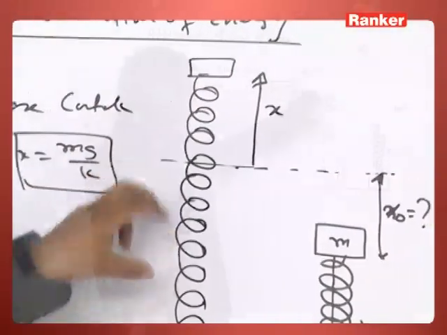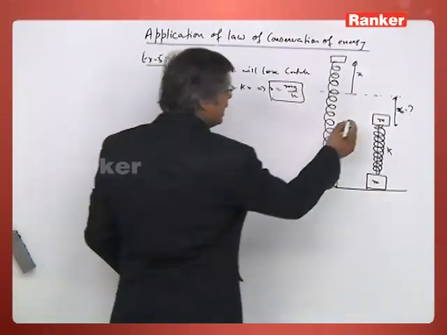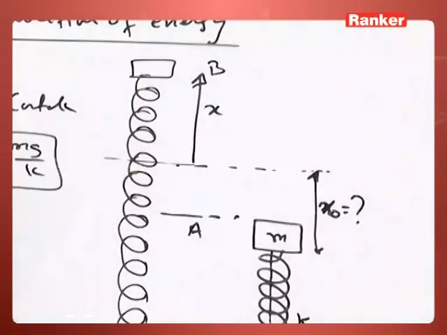So when the elongation x becomes mg by k, it loses contact. So now I have two positions. This is position A and this is position B.